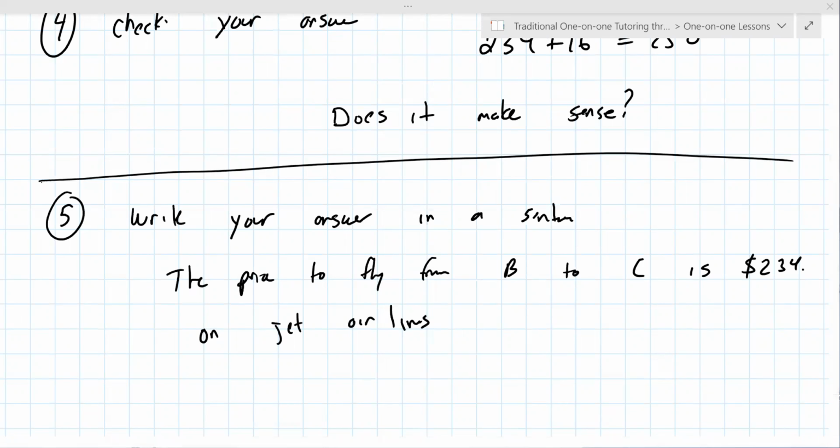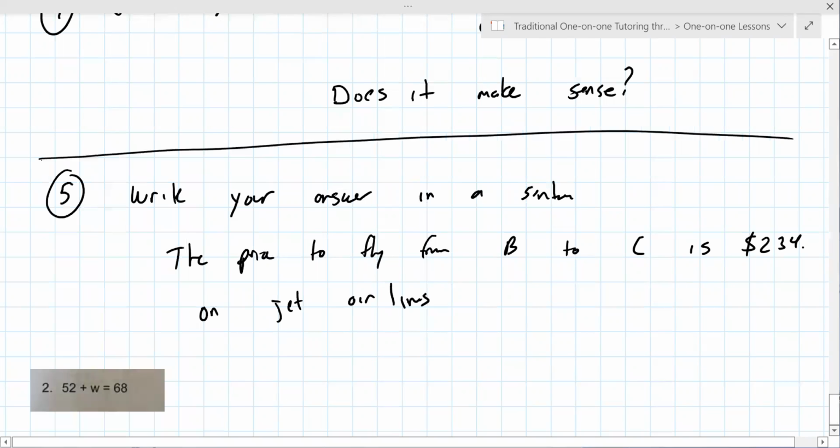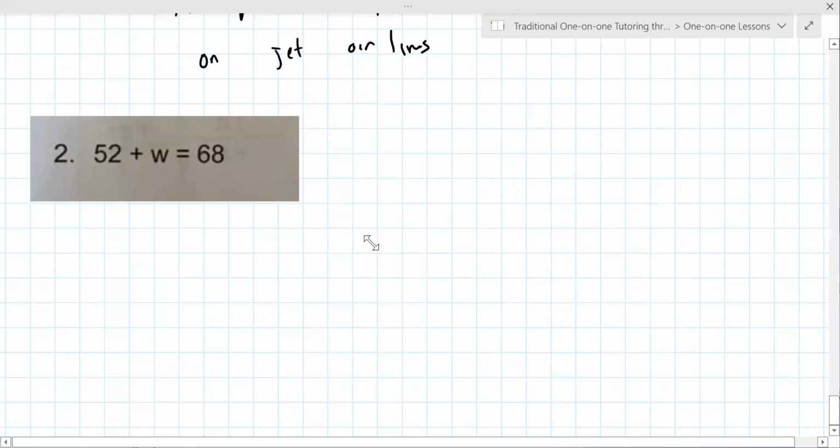So we don't have a ton of time left. We might as well just go back and finish up your assignment. That way you don't have any more math to do for tonight. I guess number 2 we need to complete, and then number 4. So I'll have you try those. Number 2.